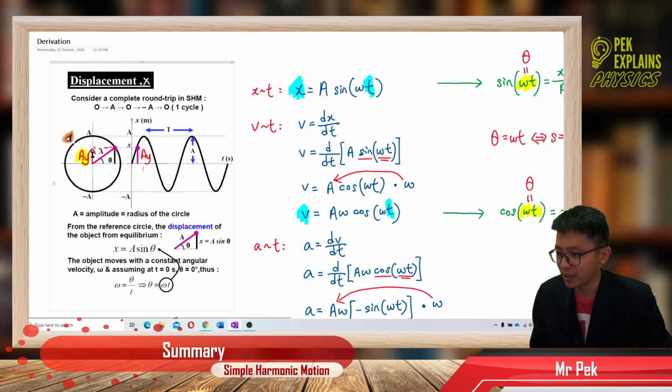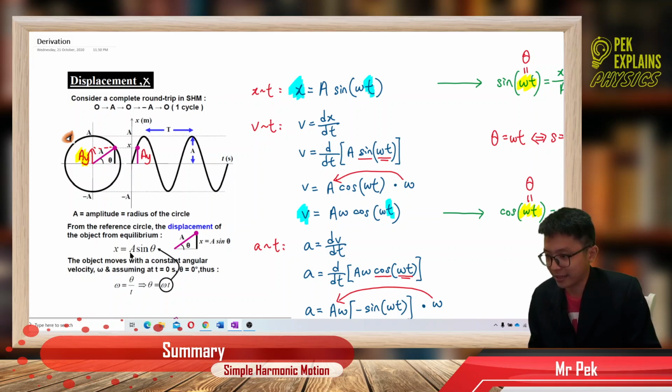Because AY is opposite the angle, and opposite the angle uses sine theta. So AY is A sine theta. So that's why this X, actually this X is AY.